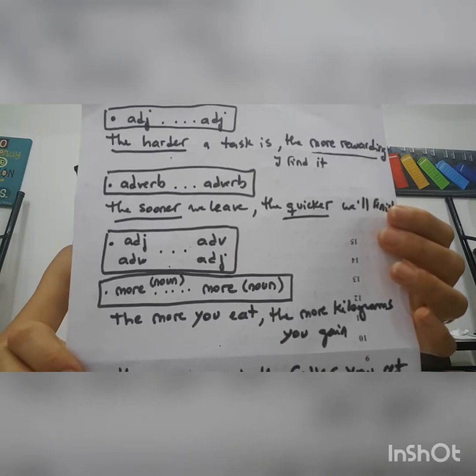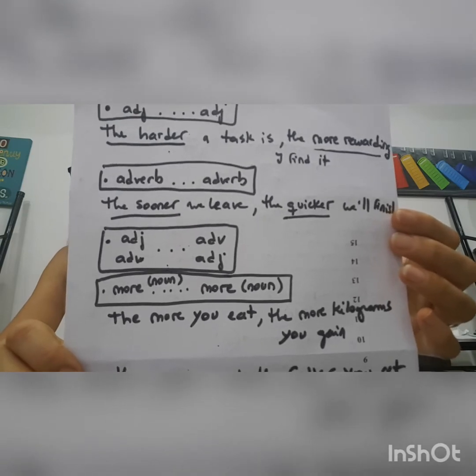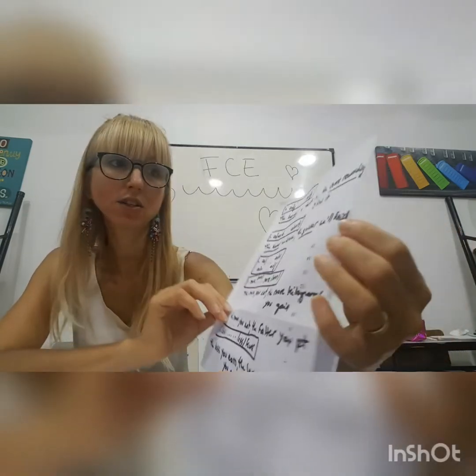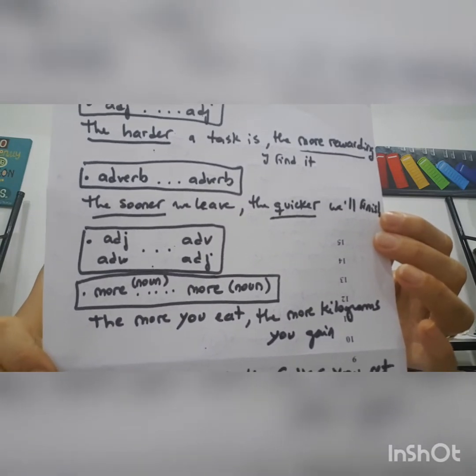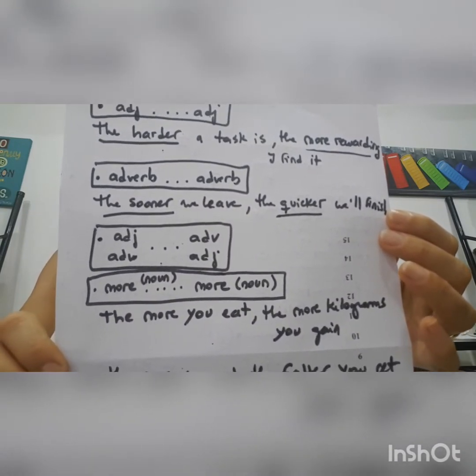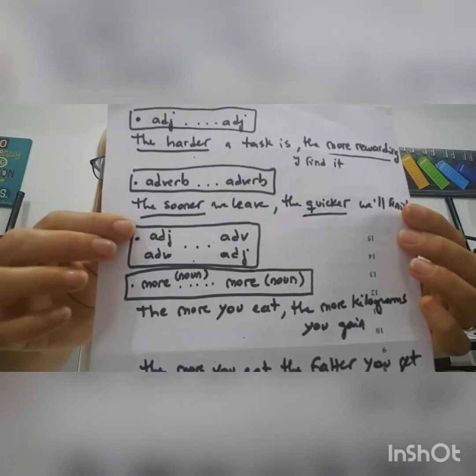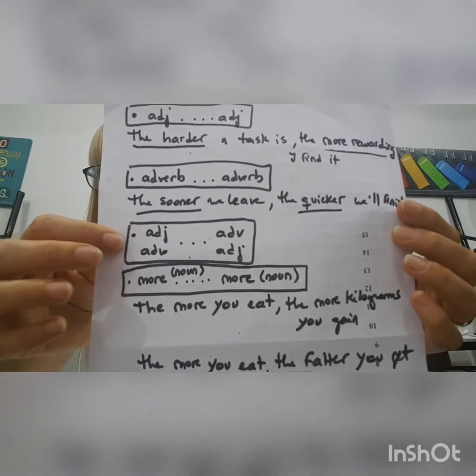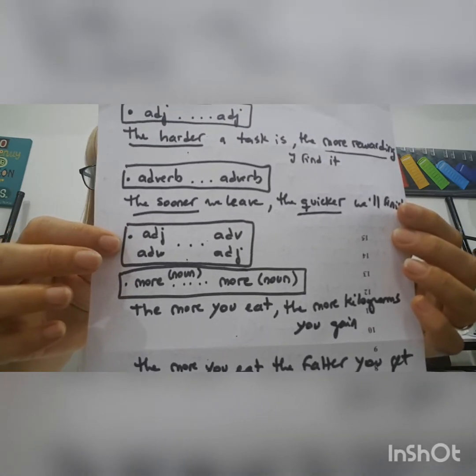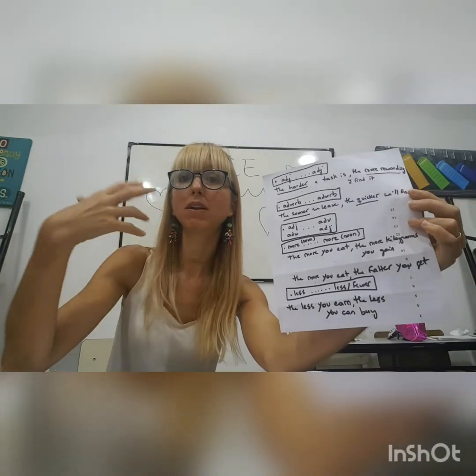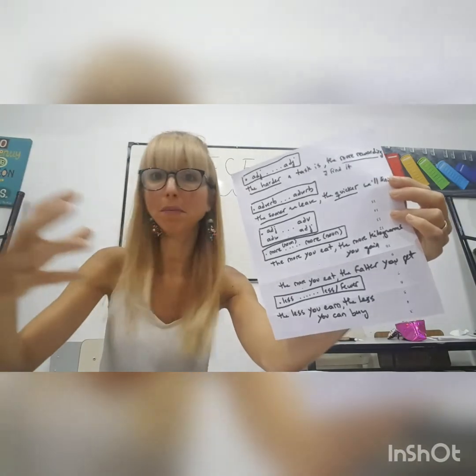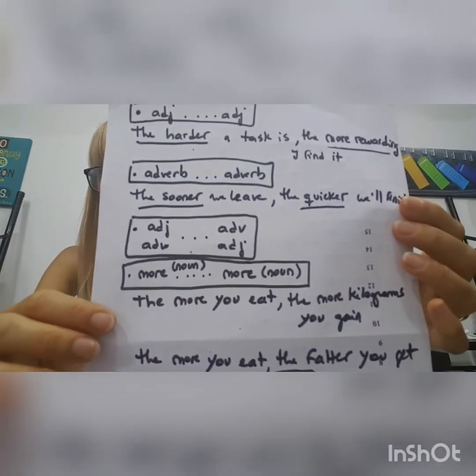I can say, the sooner we leave, the quicker we'll finish. Or I can have a combination of adjectives and adverbs. Yes? The harder I work, the more quickly I will finish.